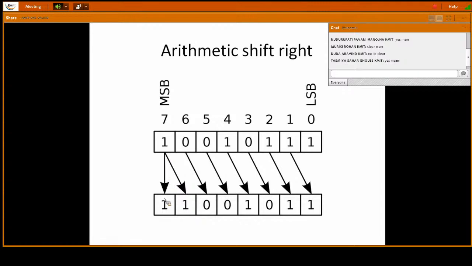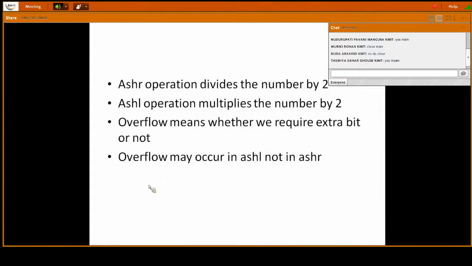This is about arithmetic shift micro operation. So, shift micro operations are mainly categorized into three: logical shift, arithmetic shift, and circular shift. Now, when it comes to arithmetic shift, what is to be remembered? In case of arithmetic shift operation, if it is a right shift, it divides the number by 2.